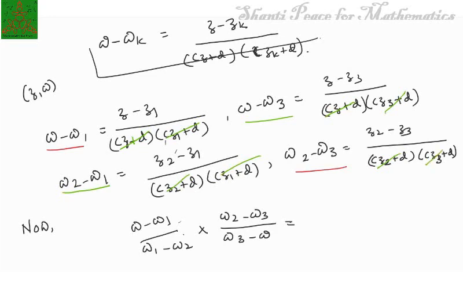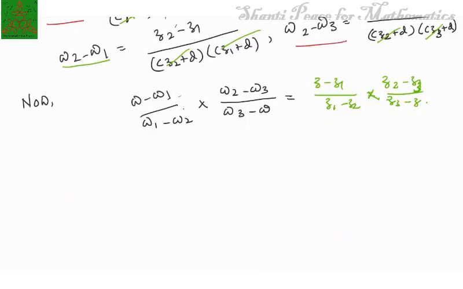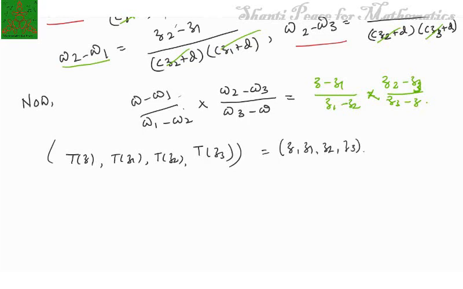So what is left is just (Z minus Z1) upon (Z1 minus Z2) into (Z2 minus Z3) upon (Z3 minus Z). This is the cross ratio of T(Z), T(Z1), T(Z2) and T(Z3) equal to the cross ratio of Z, Z1, Z2, Z3. That proves that the cross ratio is invariant under bilinear transformation.